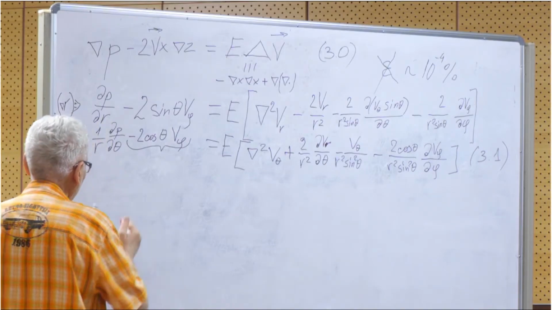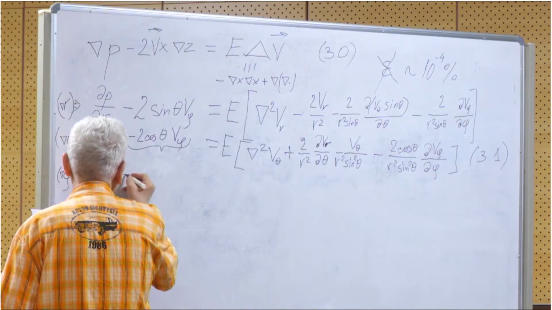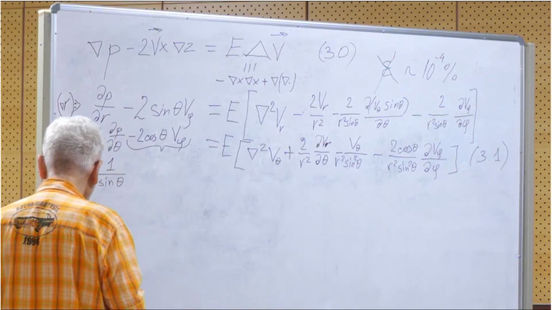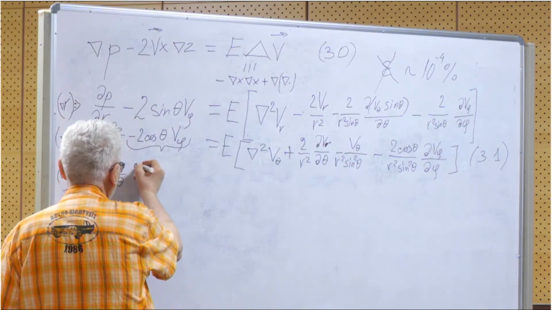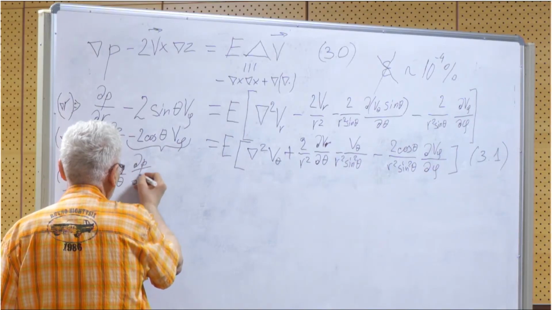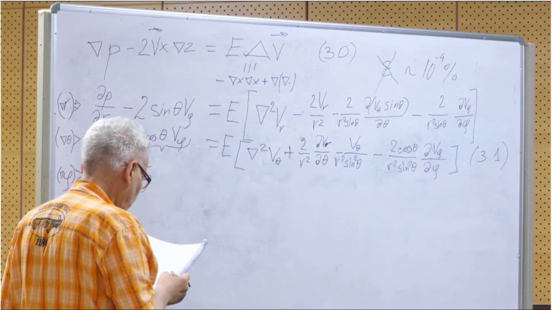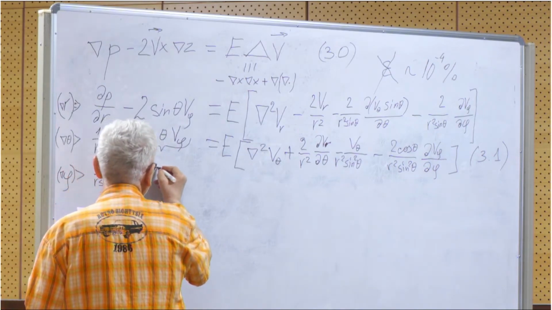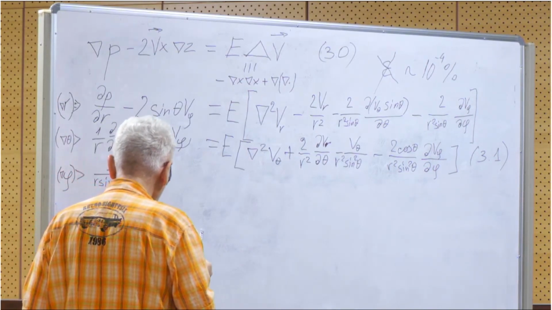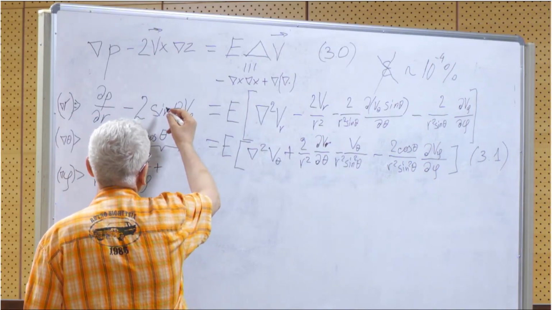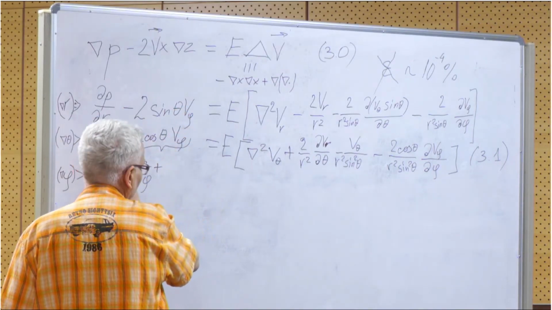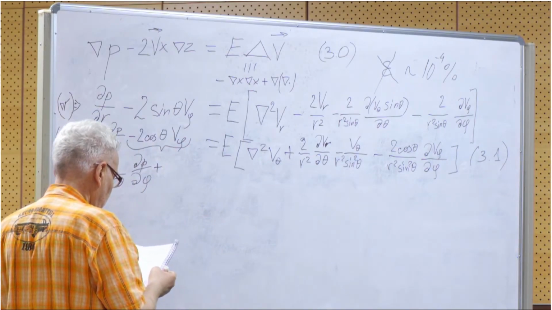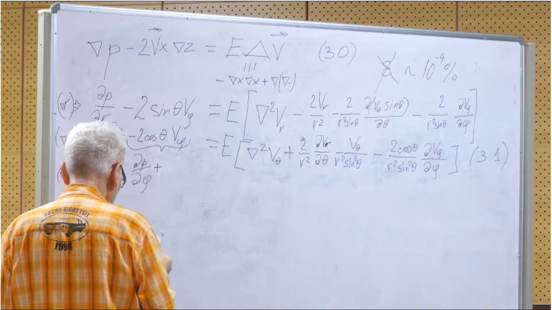And here we have the Lamé coefficient r sine theta, so it's working like that, r sine theta, and dp by d phi. And here we have the major contribution to the Coriolis force, which is constituted of two terms. Here we have only one term for this component, but for the phi component we have two terms in the Coriolis force in the spherical system, and both are quite important.